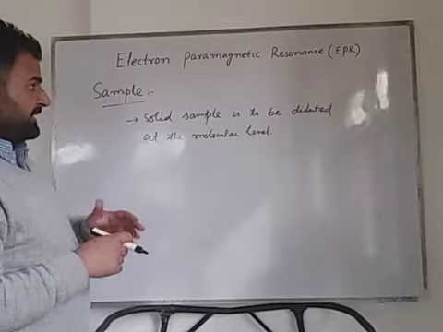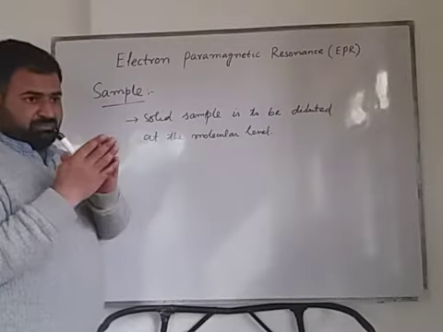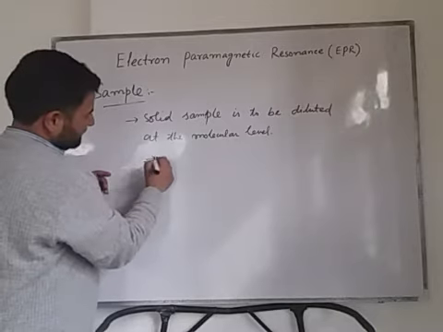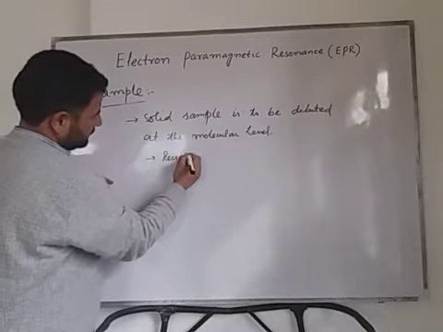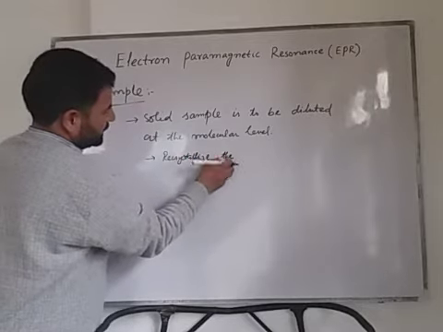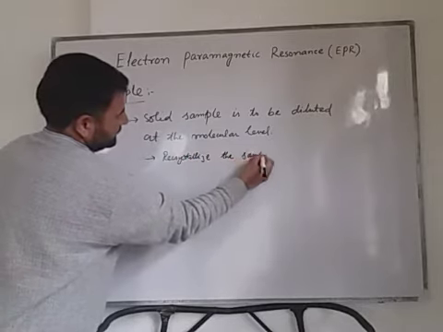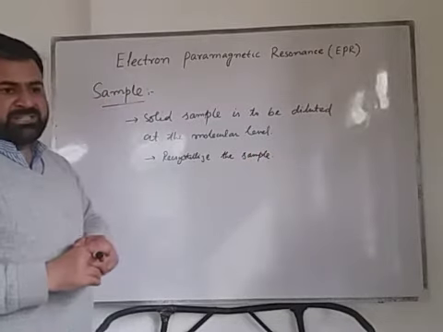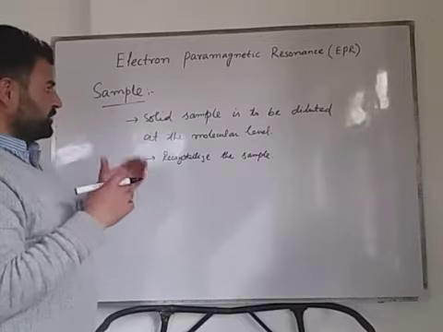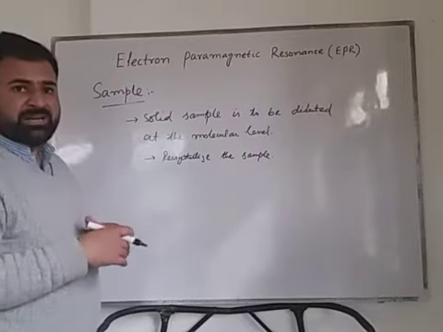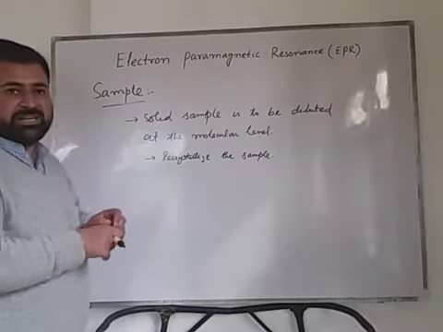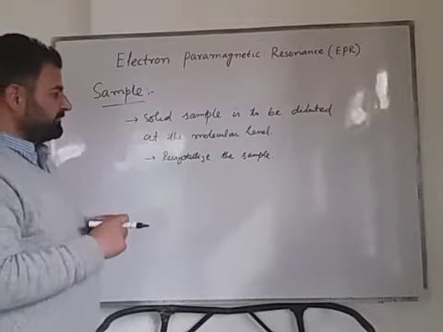What does that mean? That means, for example, that we need to recrystallize the sample. While recrystallizing, we first dissolve the solid sample in some solvent, and then we allow it to recrystallize, so that it will again separate into a crystalline phase.